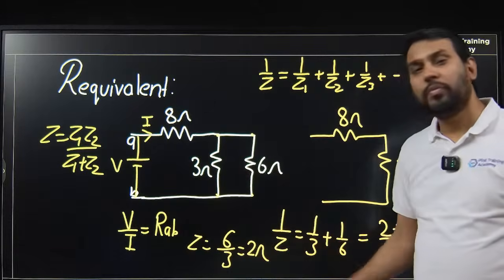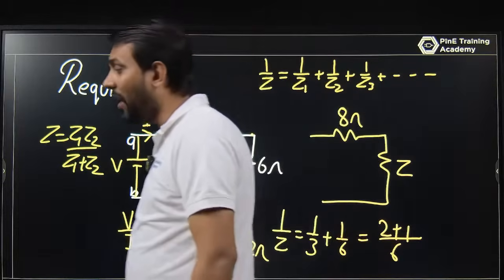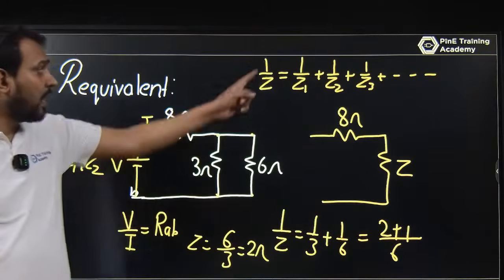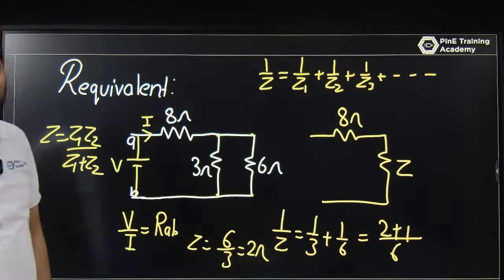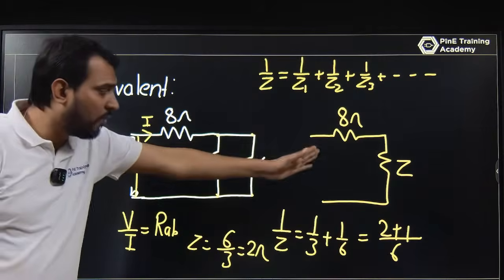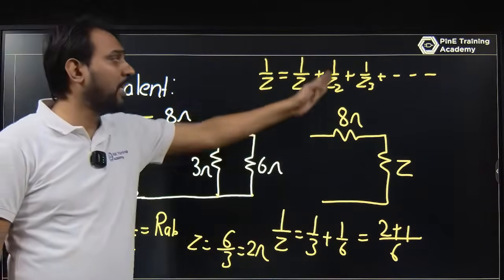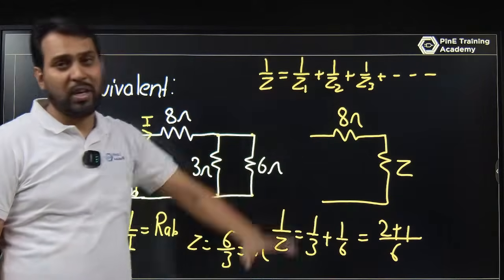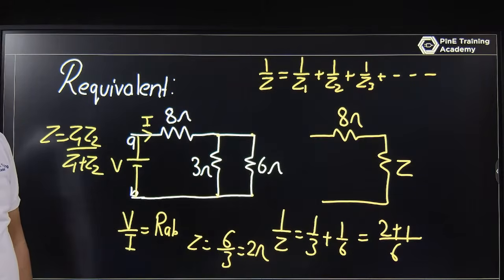But whenever you have more than two elements in parallel, always prefer 1 upon Z1 plus 1 upon Z2 plus 1 upon Z3 plus 1 upon Z4. If this is 3, 6, and let's say you have a 5 ohm, a 15 ohm, always prefer 1 by 3 plus 1 by 6 plus 1 by 15, and so on. So this is the way you can solve it.